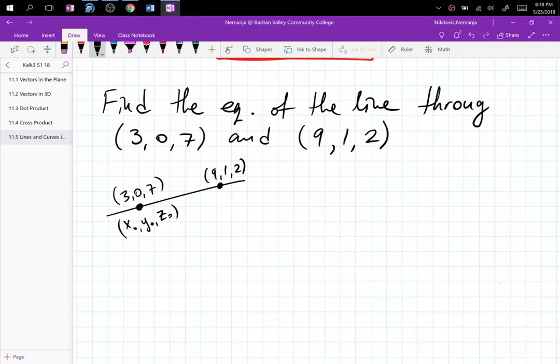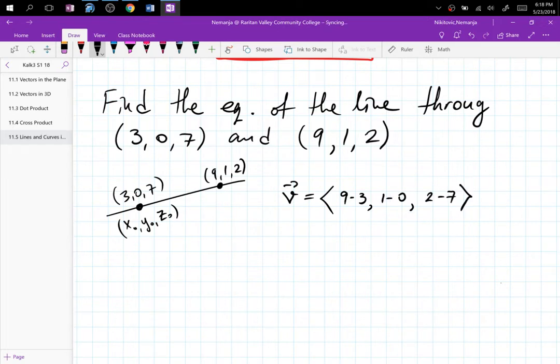Remember that you have to have 2 points to find the slope. To find the slope in algebra, it was y2 minus y1 over x2 minus x1. Now, you find the slope by simply subtracting these 2 points, because all you need is the vector that stretches between them, and that's the vector v. So vector v is going to be 9 minus 3, comma, 1 minus 0, comma, 2 minus 7.